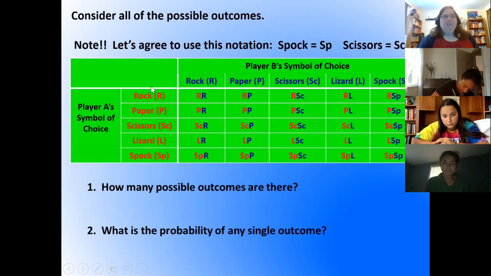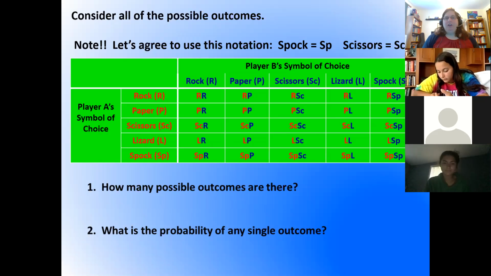And of course now player A can throw the red rock, paper, scissors, lizard, Spock, and player B can throw the same options except they're in blue. So how many possible outcomes do we have? 25. What's the probability of any single outcome? 1 over 25, or 0.04, or 4%.